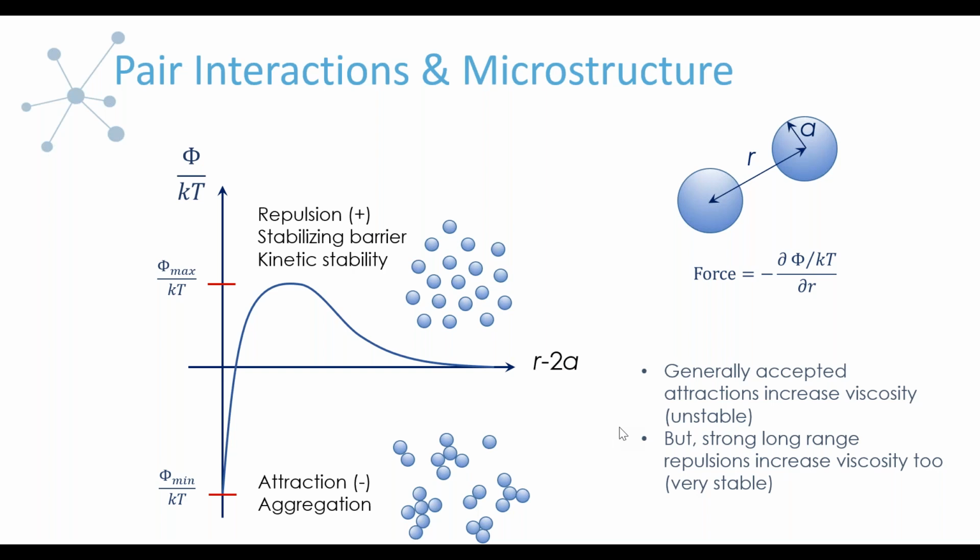But the idea is that you have these repulsions. These act as a stabilizing barrier and give you kinetic stability. So if your barrier is high enough, then for all intents and purposes, you're going to have a well-dispersed system that stays this way for some extended period of time.